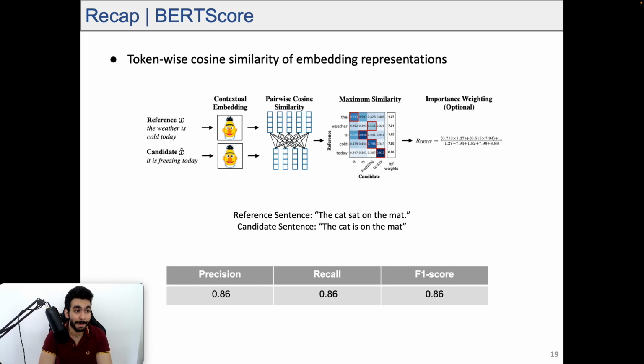And by that, you are not dependent on the overlaps, but more dependent on the meaning or the context, if the embedding is able to catch that. And here, what I did is that I passed the same "the cat sat on the mat" and "the cat is on the mat" to a BERTScore embedding and calculated the cosine similarity. And this is the outcome that I got.